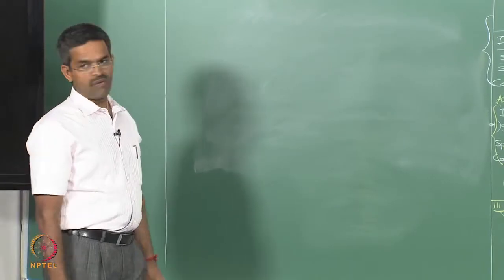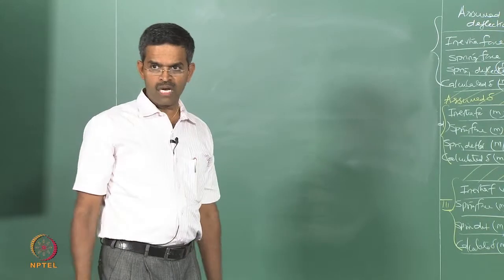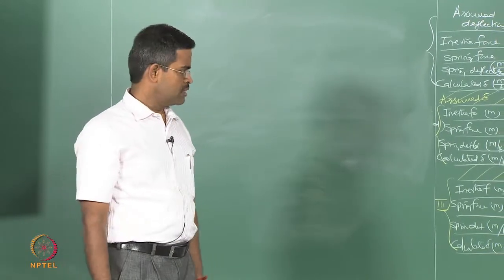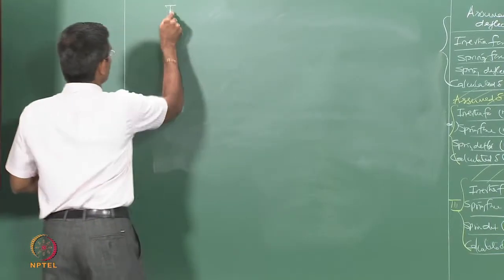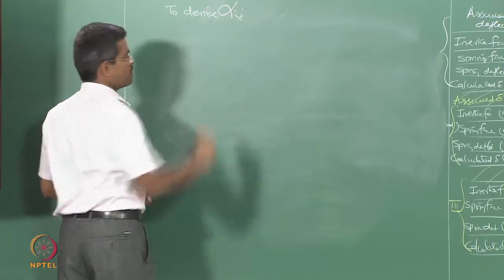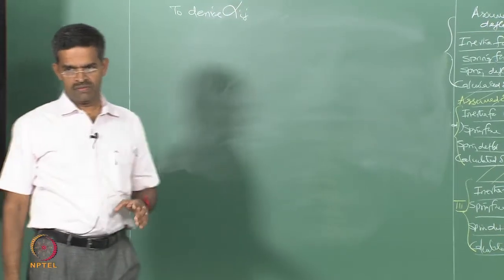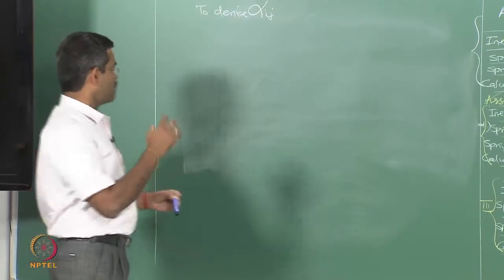Alpha ij is otherwise called the flexibility matrix, where for unit force we find the displacements at different degrees of freedom, keeping all of the other degrees of freedom constrained. To derive alpha ij, which are called influence coefficients, we already gave an algorithm in the last class.